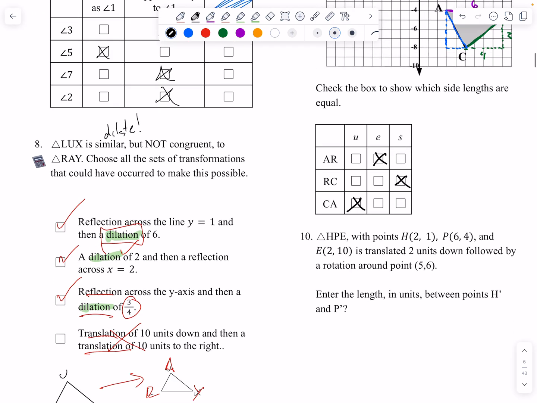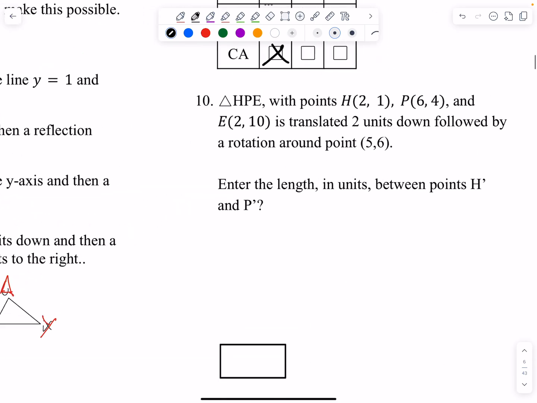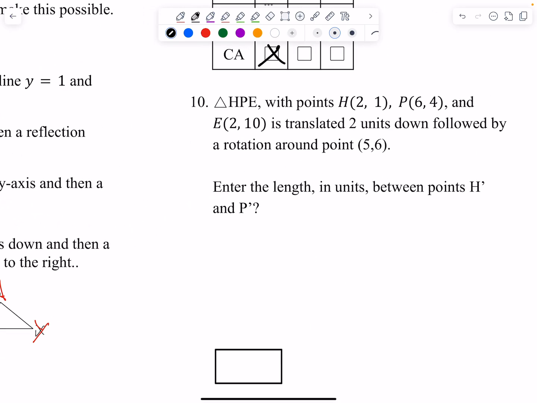There we go. All right, triangle HPE with given points is translated 2 units down, followed by a rotation around a point. Enter the length in units between H and P. And now if you're like, wait a minute, but how do we get the new triangle? Why is this being annoying? But remember, because it got translated and it got rotated, it is exactly the same.